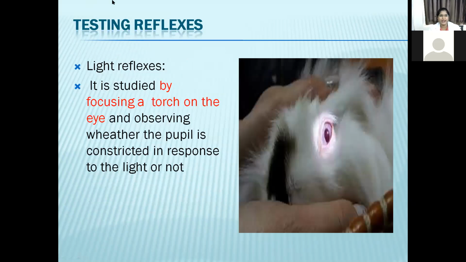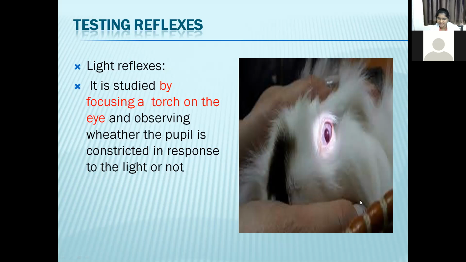And you can see light reflexes. It is studied by focusing light on the eye and observing whether the pupil constricts in response to the light or not. What will happen with miotics? This constriction will not be there.